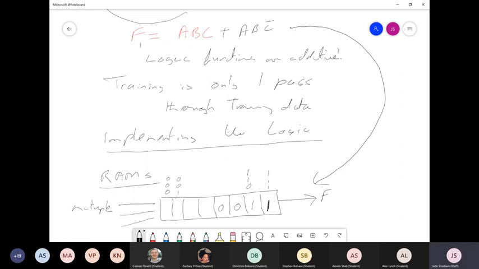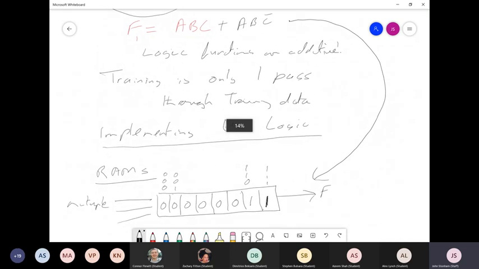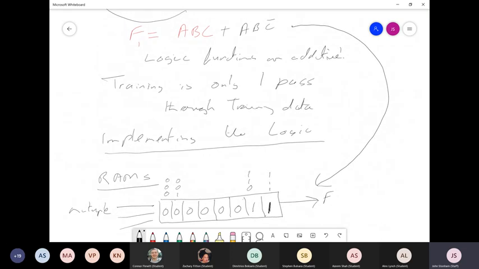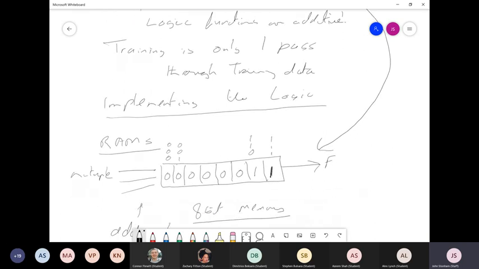All the other locations are 0. So there is my implementation of that logic function. And if I were to add another term to the function, supposing I wanted not A, not B, not C, this location would be set to 1. And again, we do not lose the previously trained information.